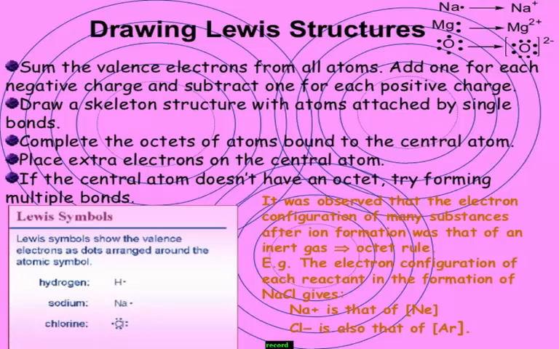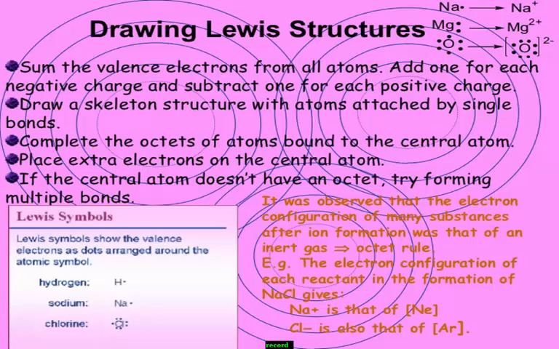Remember students, sum of the valence electrons from all atoms, add 1 for each negative charge and subtract 1 for each positive charge, because we know, students, if I write a positive charge on the atom, it indicates loss of an electron, and if I write a minus charge on an atom, it indicates the gaining of one electron.